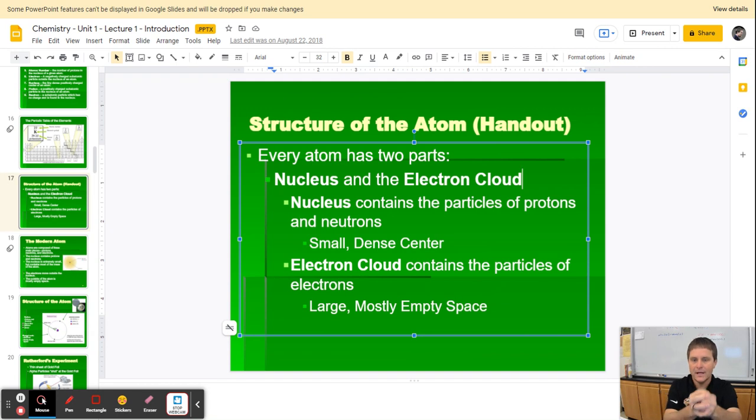So we're finding out that these atoms that make up all this matter, including myself and the desk and the chair and the computer, all this stuff around us, these atoms are not solid spheres. They're made up of parts, and there's two parts, an inner part and an outer part.